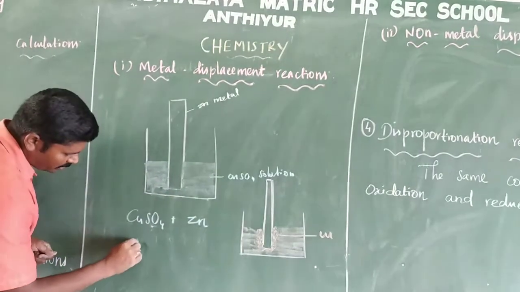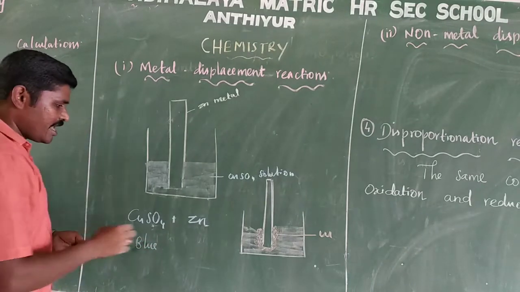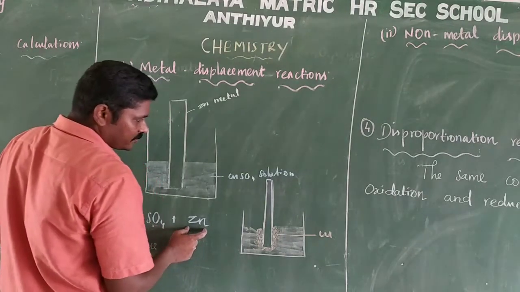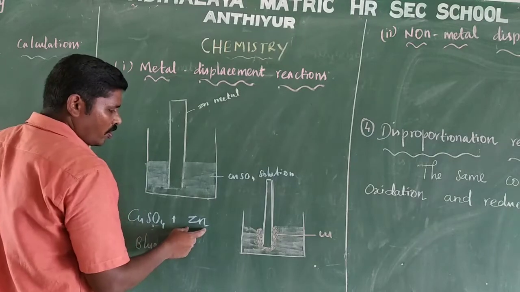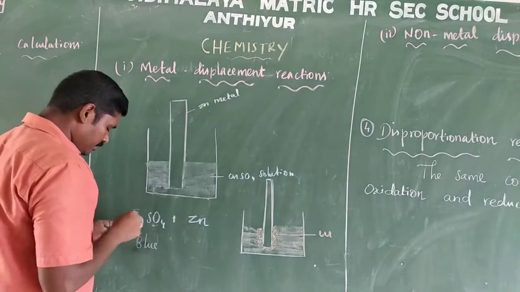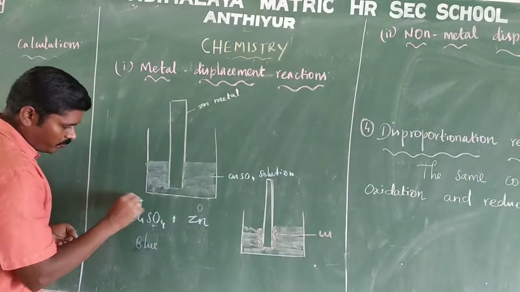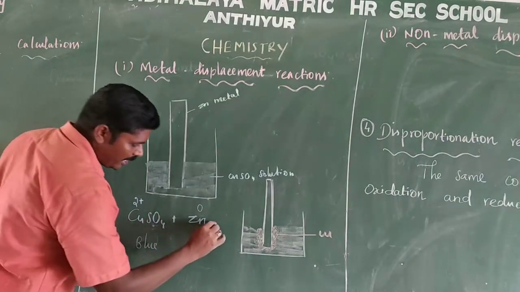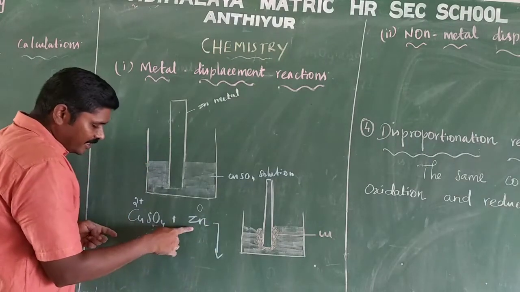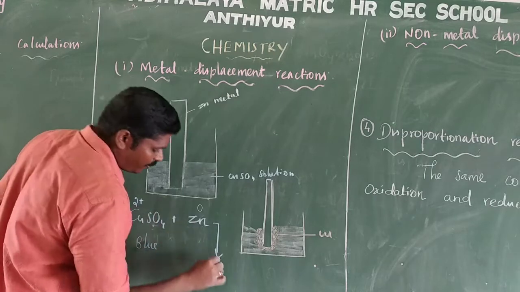Copper sulfate solution is blue in color, and zinc is an ash-colored metal. So zinc 0, copper 2 plus. Zinc replaced the copper 2 plus ion to copper.